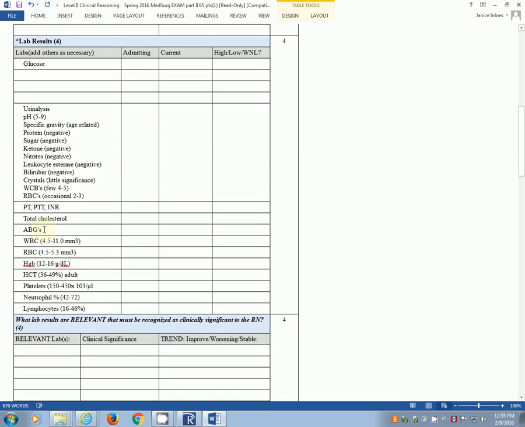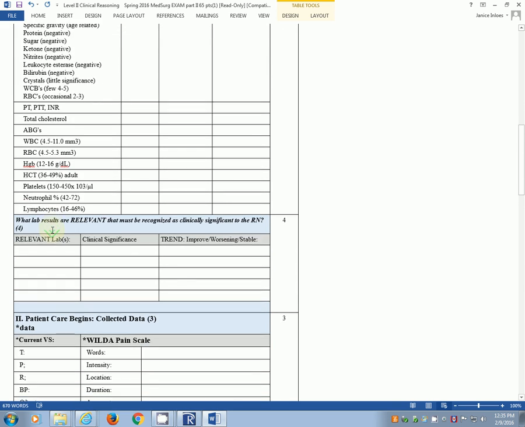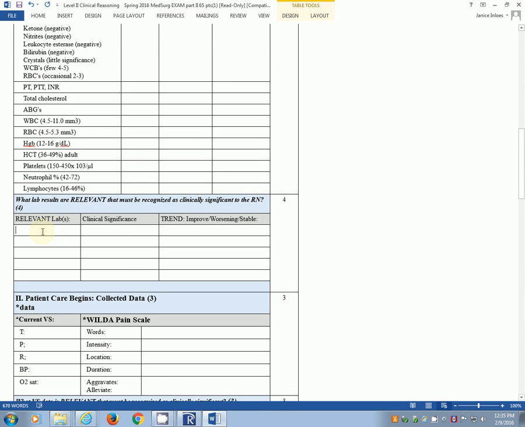We didn't do an ABG on her, which we should have. If she came in with shortness of breath and a history of asthma, I think we should have done that, but we didn't. So what lab results were relevant?